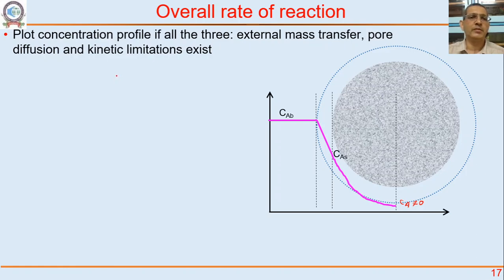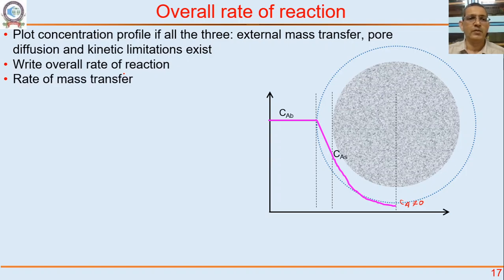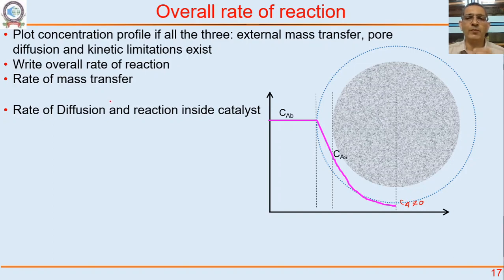Here is the possible answer. I want you to write the overall rate of reaction. If you have not paused, pause now and derive. Rate of mass transfer: what is the rate of mass transfer? Rate of diffusion and reaction inside the catalyst pellet. Write these expressions and simplify. I'm giving you a chance. If you have not paused, pause now and do it for yourself.